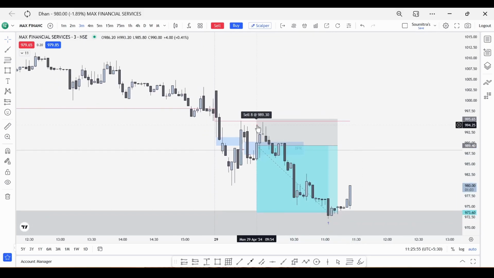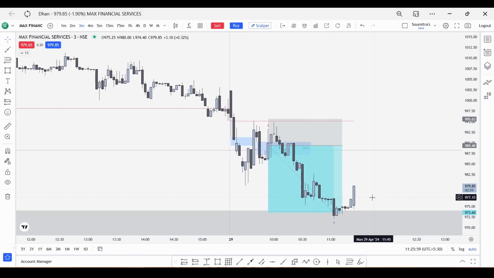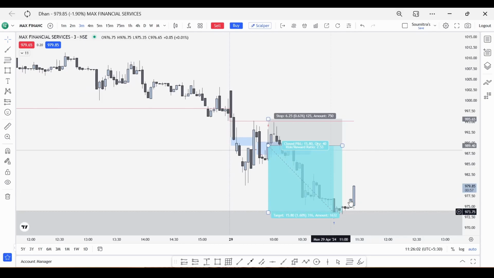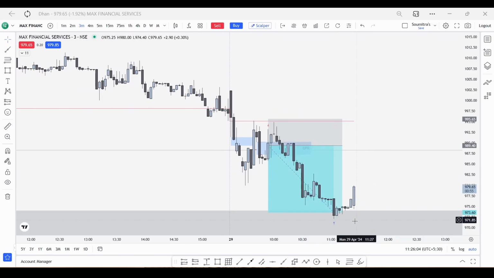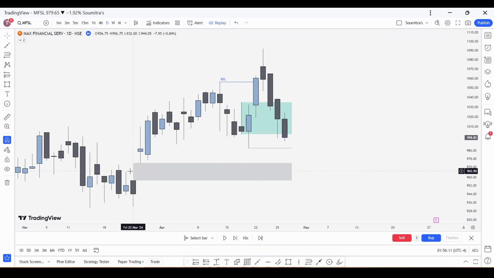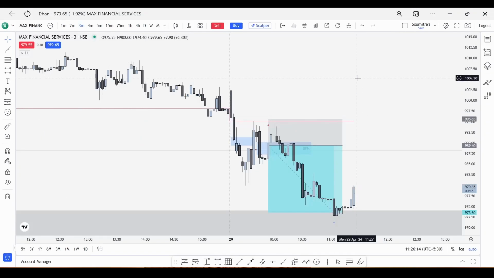So this was the entry and this was the exit, and as you can see here, price is actually getting rejected or reacted from this fair value gap, not fair value gap but the actual gap here. So price did come here and then getting rejected. I don't know if it is going towards having a bullish intention or it will again come back. That I cannot predict right now, but at least it is getting a rejection.